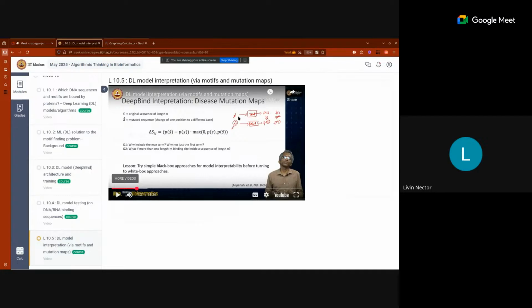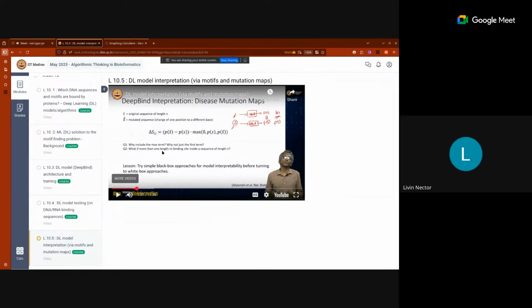For example, we know the binding score for a particular sequence, and then the mutated binding score is something out of the model. Then there is this score for the mutated sequence, and how the difference affects it. So what can we interpret about the difference, or the effects of the mutation in that particular sequence, using deep learning?